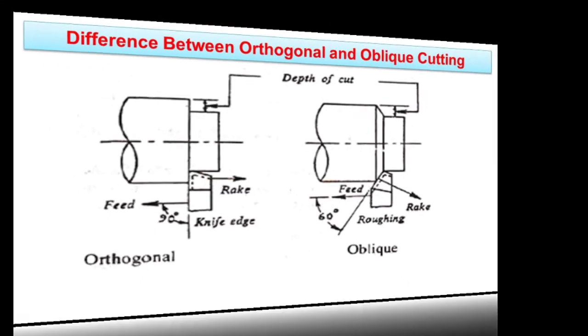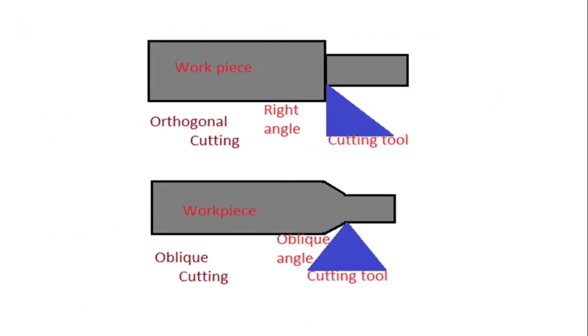In this next figure, on upper side, orthogonal cutting, the tool cutting edge is at right angles to the feed, and in next below figure, in oblique cutting, the tool edge is at an oblique angle to the direction of feed.